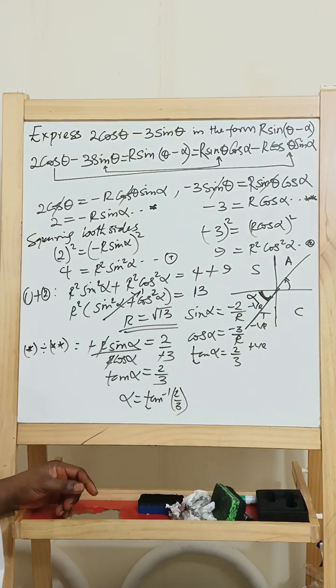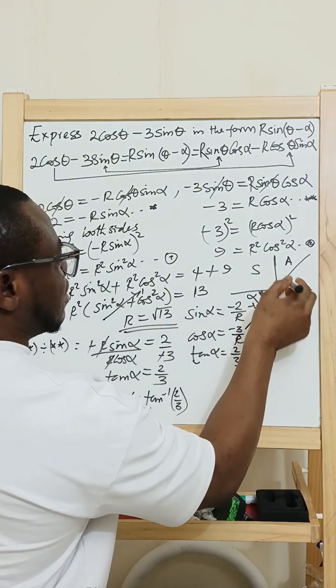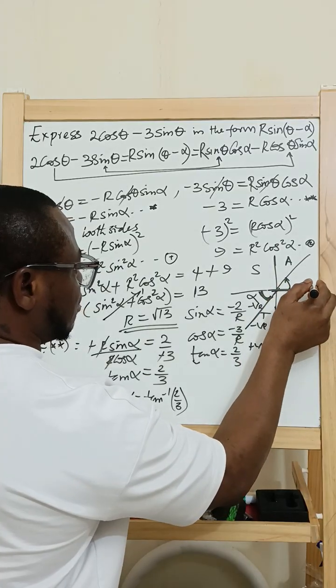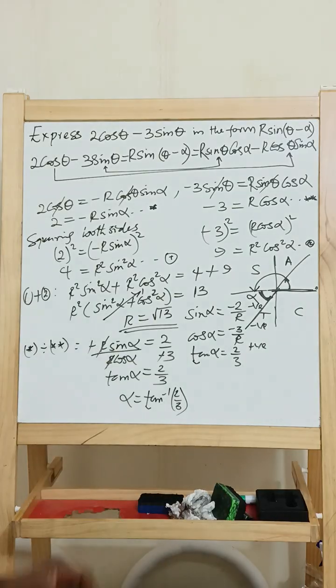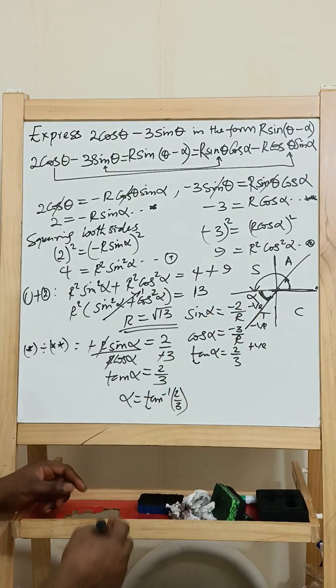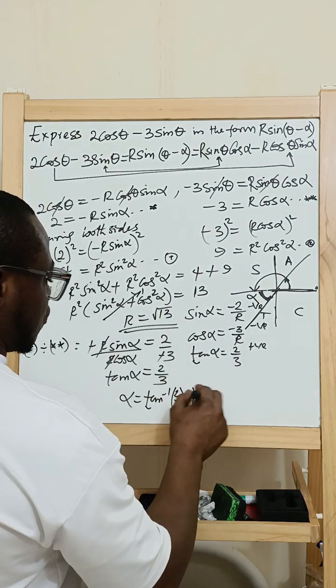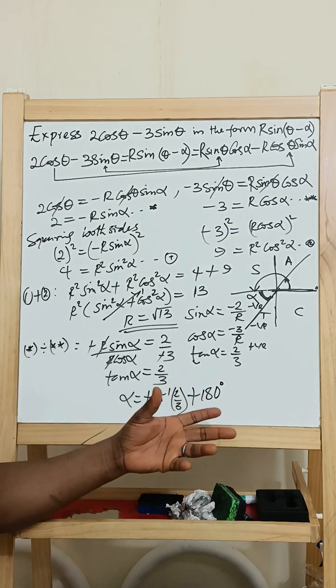But normally we have to get the angle from the horizontal axis, from the origin where it is 0. So we have to add 180 to that alpha to get the exact expression. So our alpha is going to be this plus 180 degrees. That's how we get our alpha.